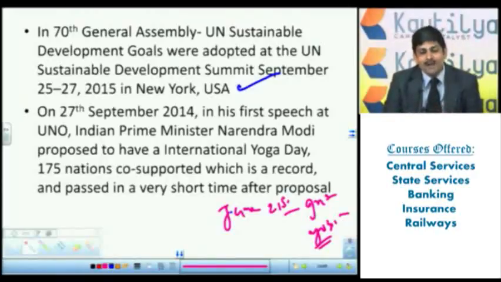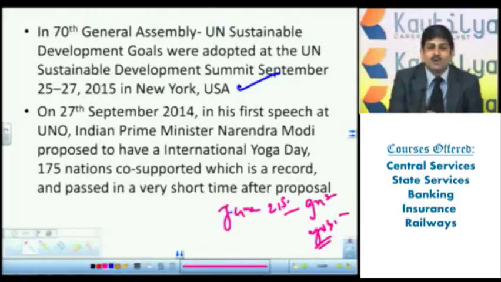After he became the Prime Minister of India, for the first time he went to New York, America, to participate in the United Nations General Assembly's conference. In his first speech itself, he proposed that the world have an International Yoga Day. In the same year, on December 10th, 2014, a resolution was passed in the United Nations General Assembly. This is the first time that a proposal was passed in such a short time.